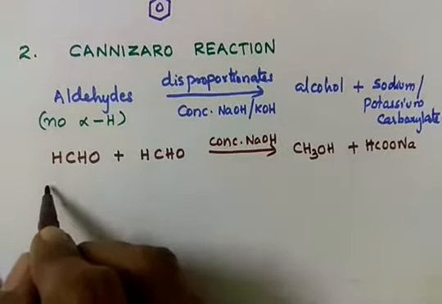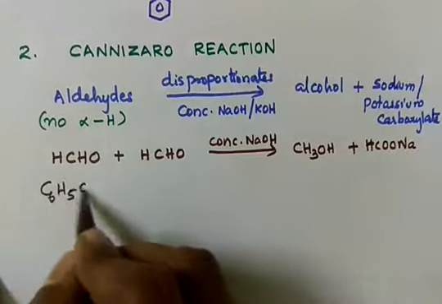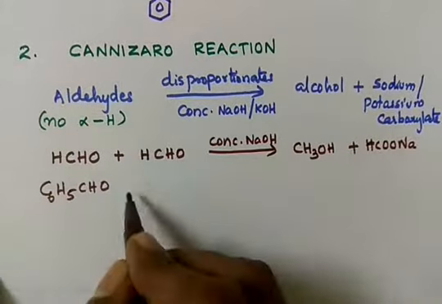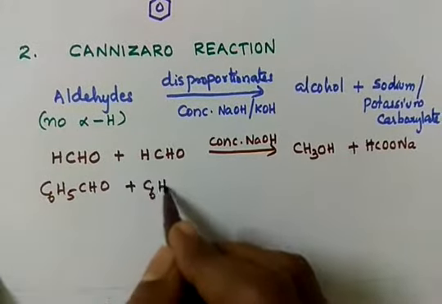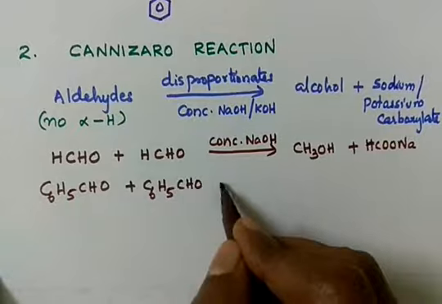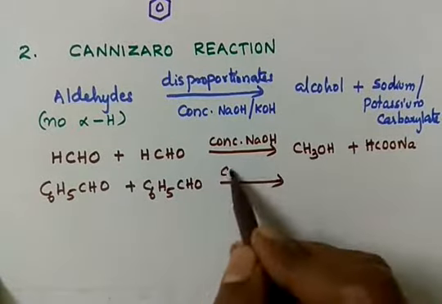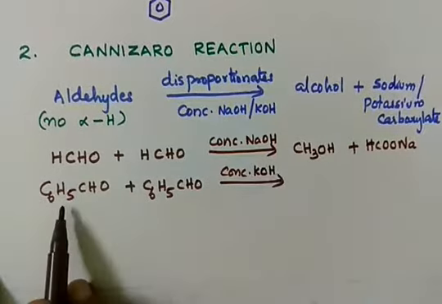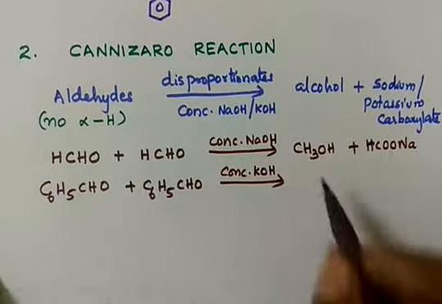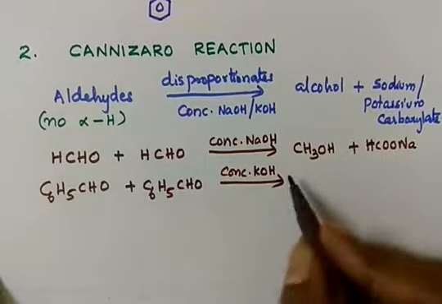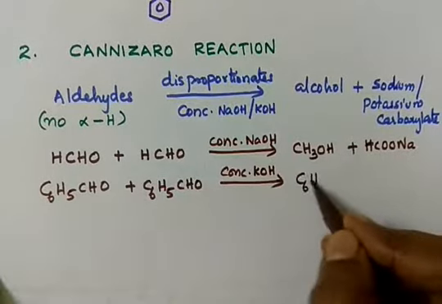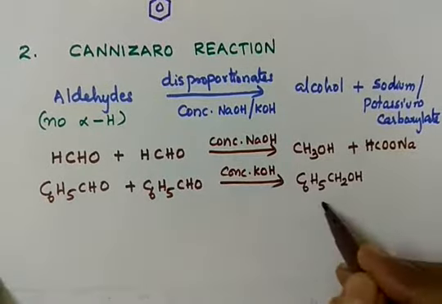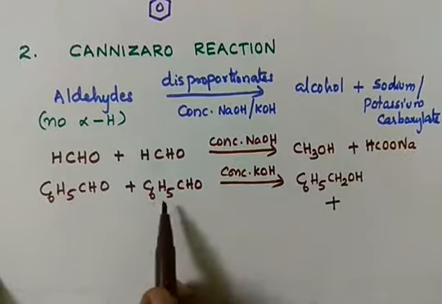Similarly, benzaldehyde, C6H5CHO. This is another aldehyde containing no alpha hydrogen. Here also 2 molecules of benzaldehyde in presence of concentrated NaOH or KOH. Here you can take KOH. Then 1 mole undergoes reduction. So benzaldehyde is reduced to benzyl alcohol, C6H5CH2OH, and plus this undergoes oxidation.